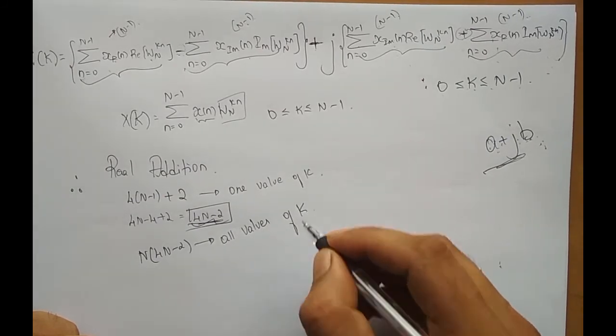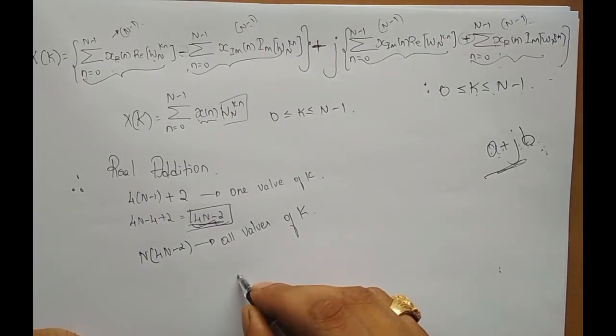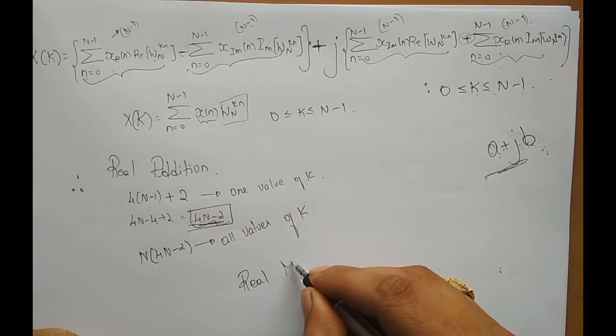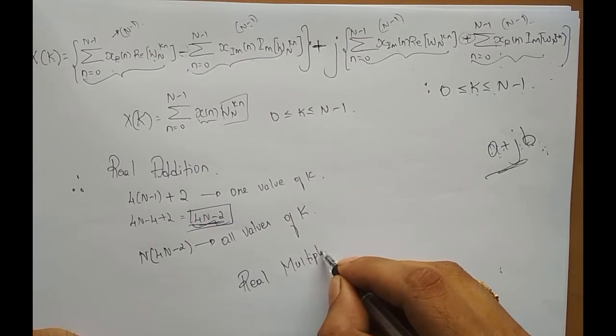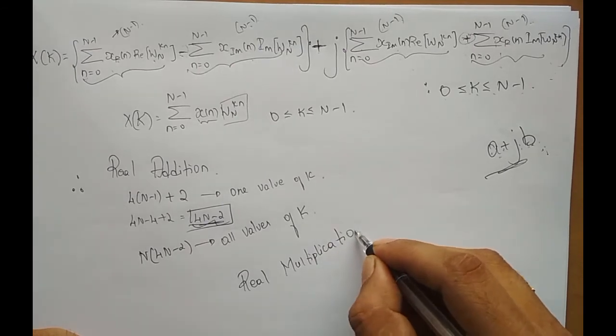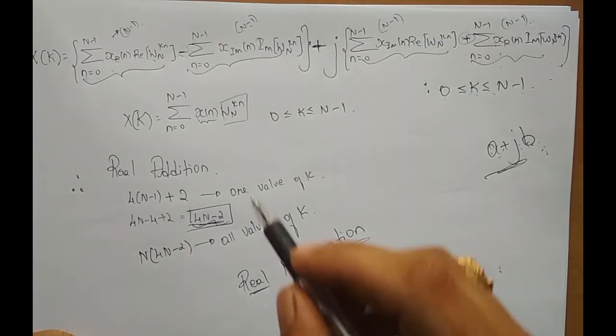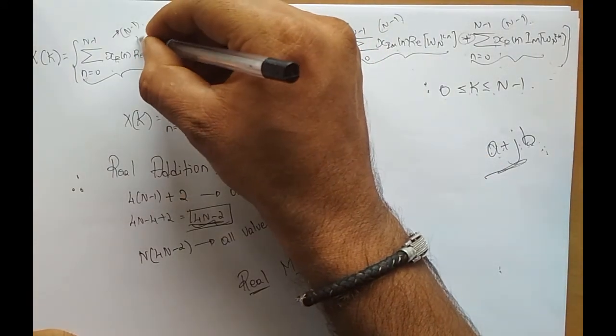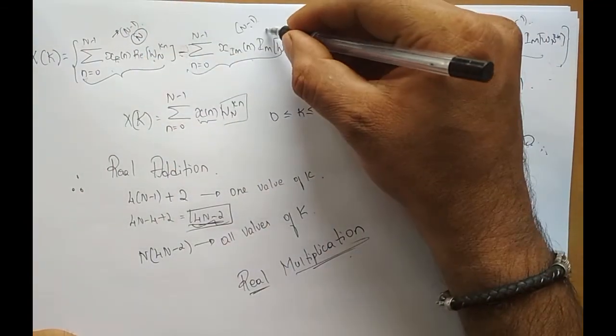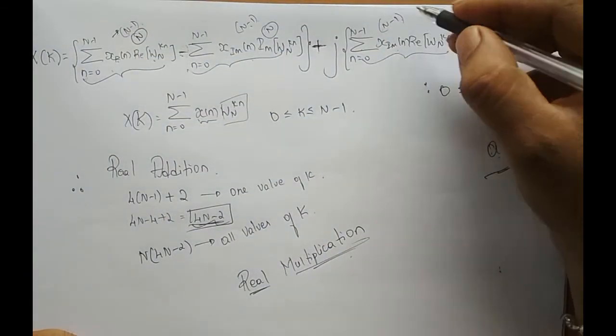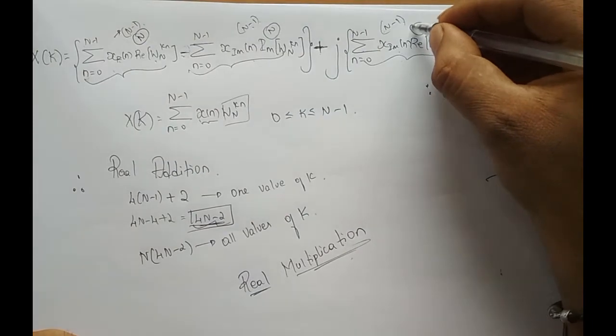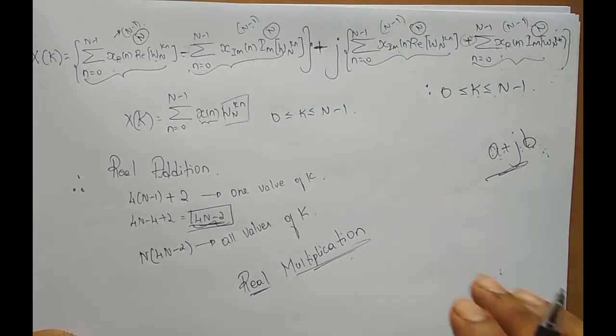All values of k. So what about real multiplication? This requires n number of multiplication. This summation part requires n real multiplication. This requires n real multiplication. This requires n real multiplication.